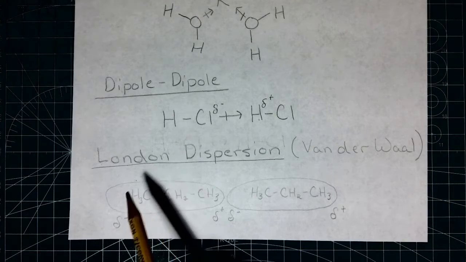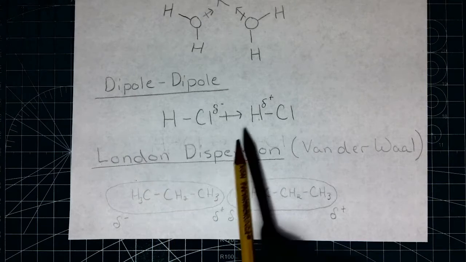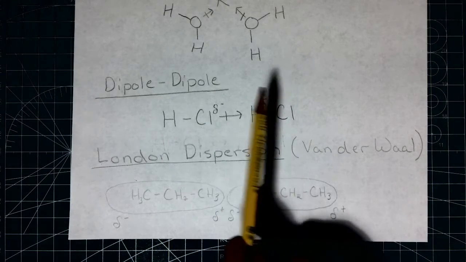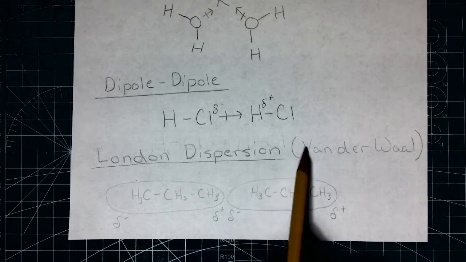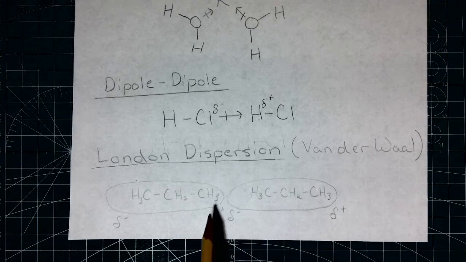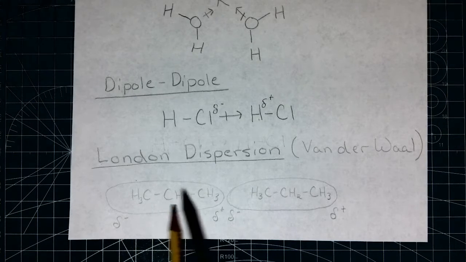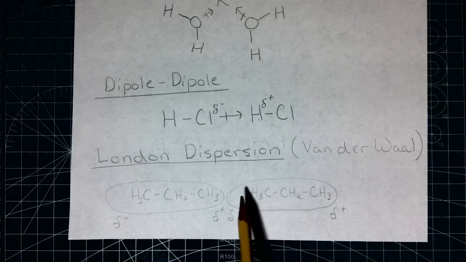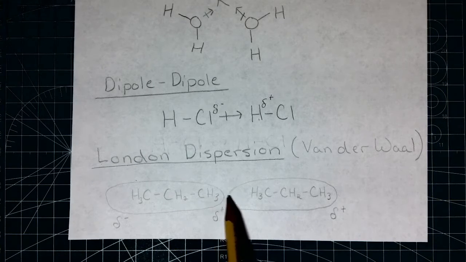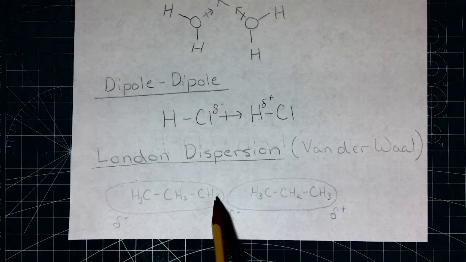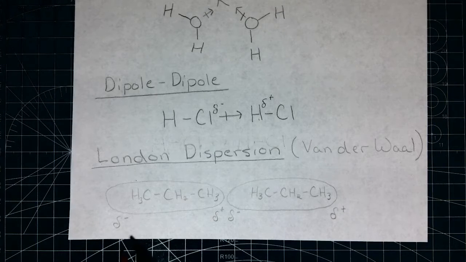Next, and probably the weakest of any interaction, one that we don't really take into account unless we don't have any of these other interactions, is something called the London dispersion forces or the van der Waals forces. And basically what happens here, for instance here I've drawn out propane. When we don't have any of those other interactions, but the molecules are still getting close enough to one another, they start to shift electron density away from one another.